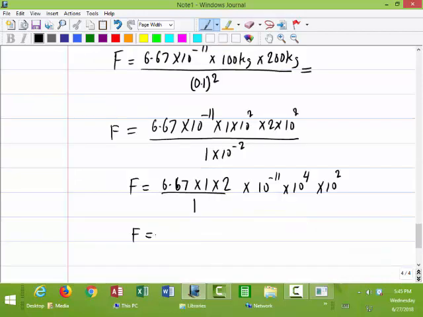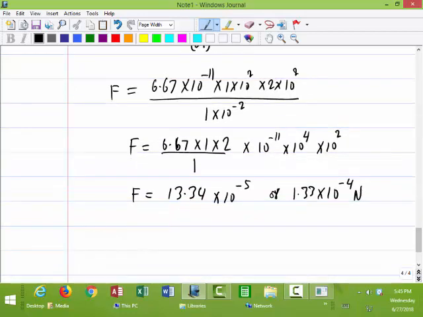So F can then be written as 13.34 times 10 to negative 5, or 1.33 times 10 to negative 4 newtons. You can see this is a very small force between the two objects, because this is a gravitational force.